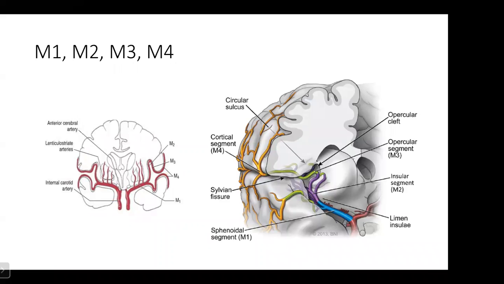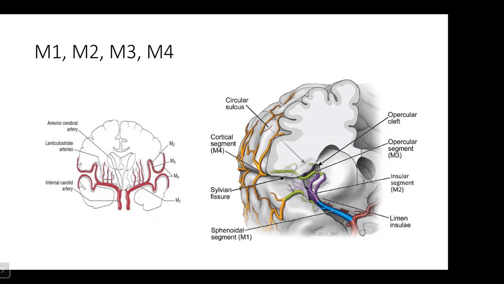The middle cerebral artery is divided into four segments: the M1, M2, M3, and M4. The M1 segment is called the sphenoidal segment as well as the horizontal segment. It travels almost in a horizontal fashion from the internal carotid artery to the point of middle cerebral artery bifurcation between the temporal and frontal lobes.